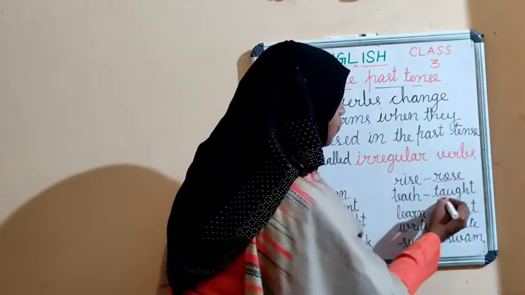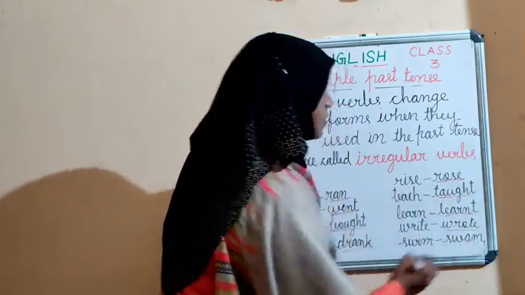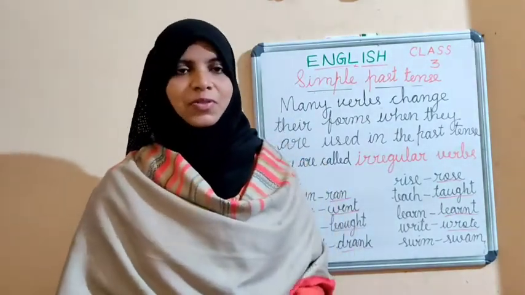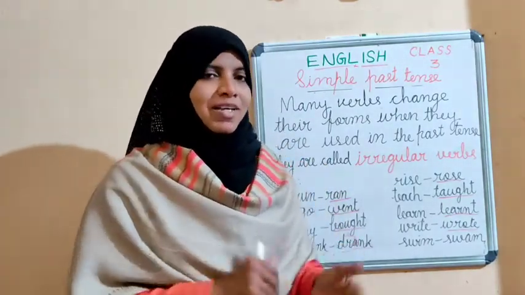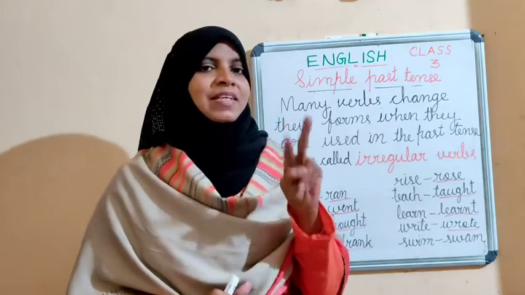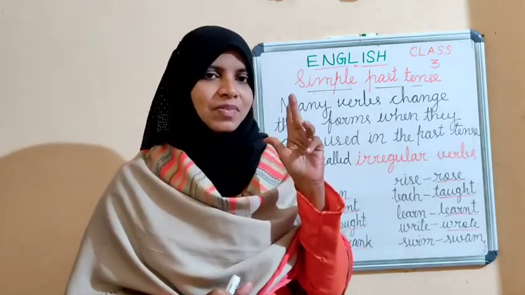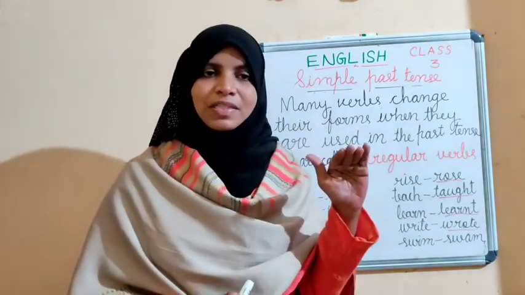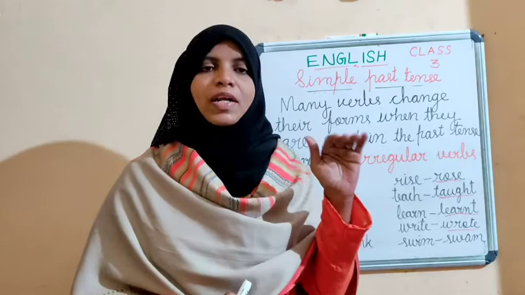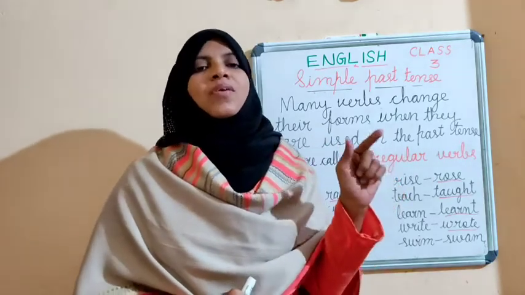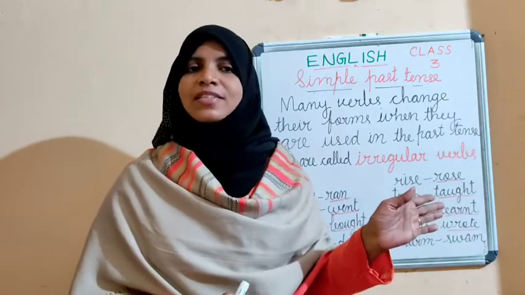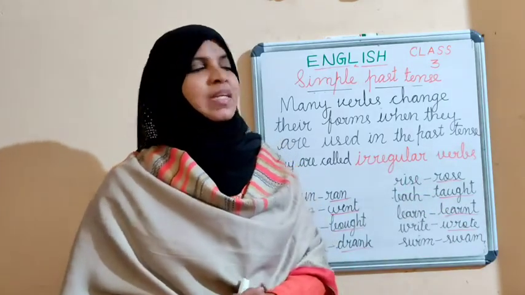This type of verbs we call irregular verbs. So don't forget, in the past tense, verbs are of two types: regular verbs and irregular verbs. Regular verbs means when we add D or ED to a verb in the past tense, we call them regular verbs.